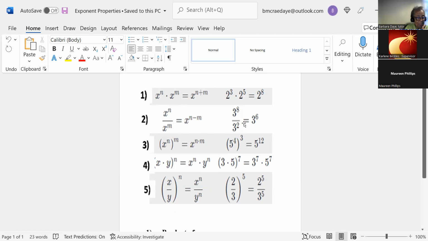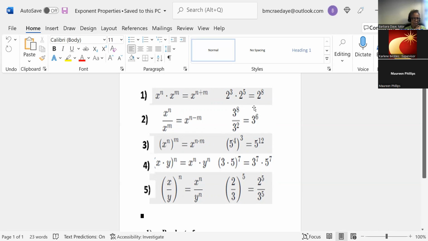Now over on the right, you have numbers here. What is the base right here, Maureen? 3. The powers are 8 and 2. That's right. And what do you do to the powers when you're dividing? You subtract. So what would you subtract here? The 2 from the 8. That's right. And that's how you get 3 to the 6.